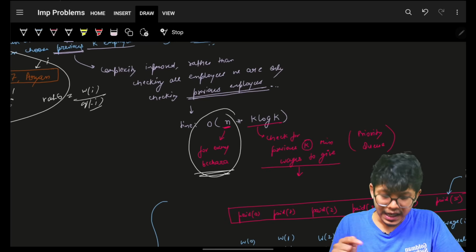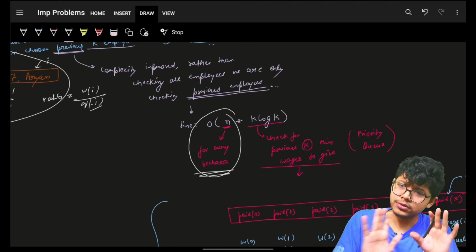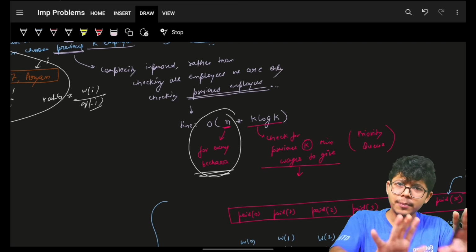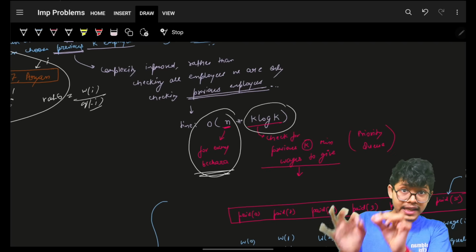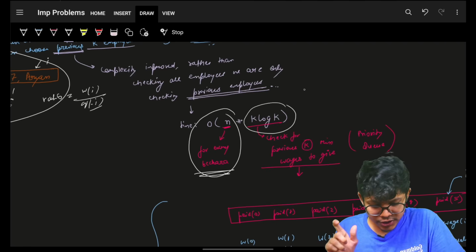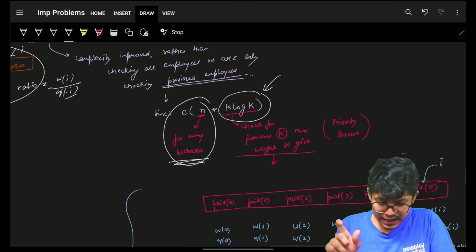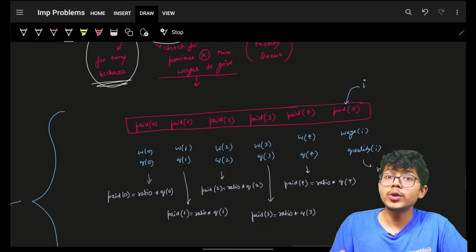For everyone I am using a priority queue, without going into min or max, which will store my K minimum paid values. So it will still be K log K, and overall n into K log K. It is still more complexity. Now, how to improve it?